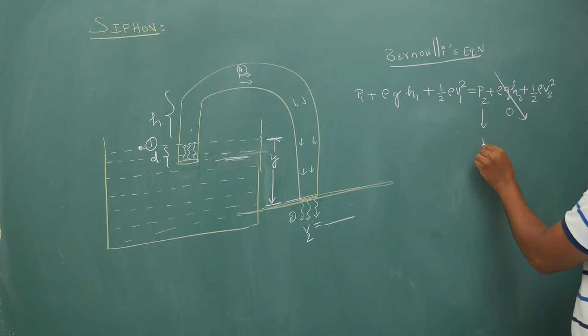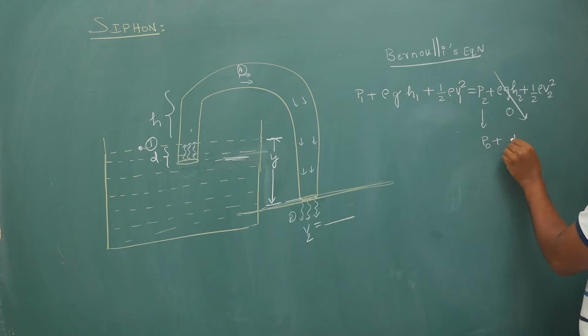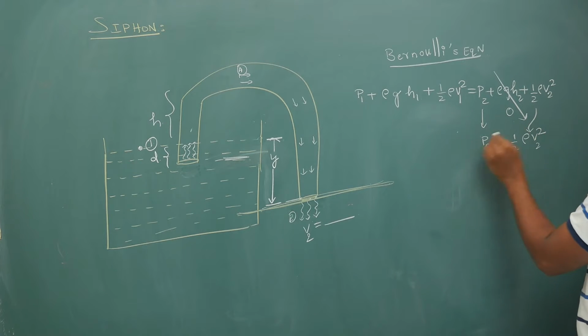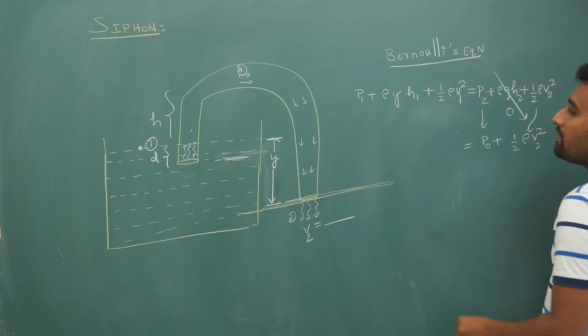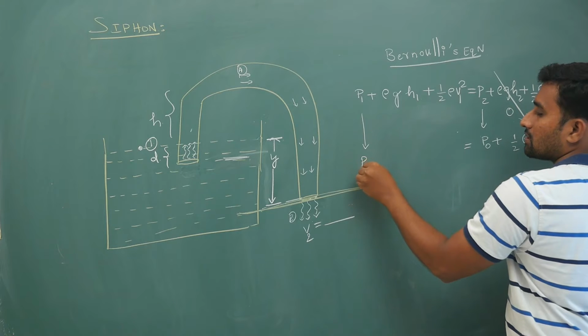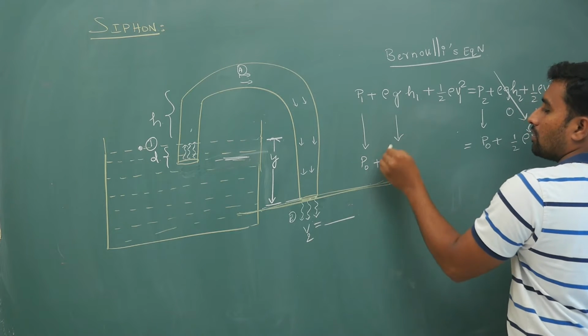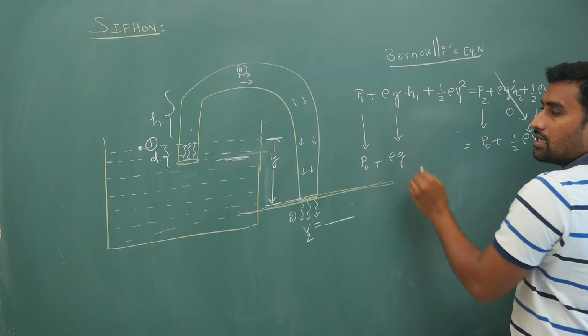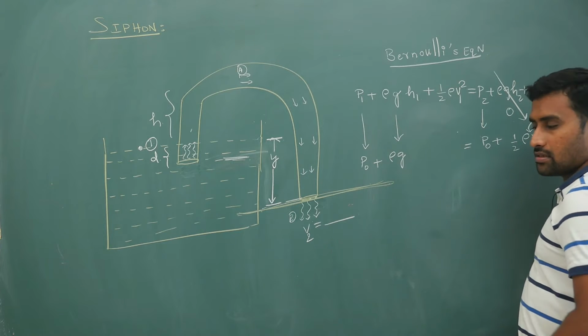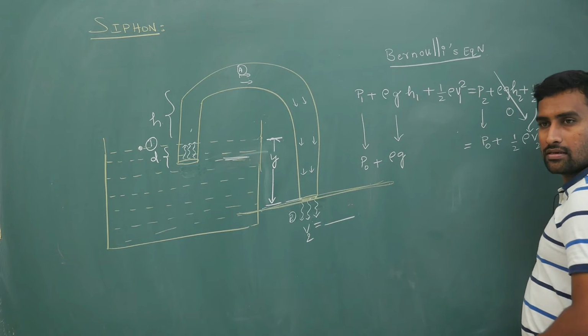P2 is atmospheric pressure P naught. P naught plus half into rho into V2 square is equal to P1. Atmospheric pressure is P naught plus rho g into, what is your height?